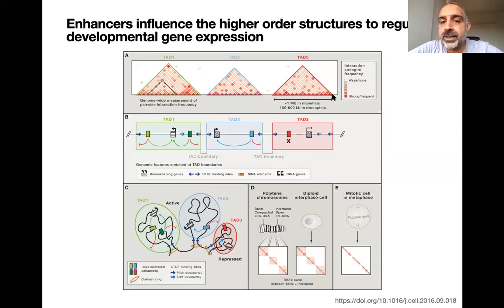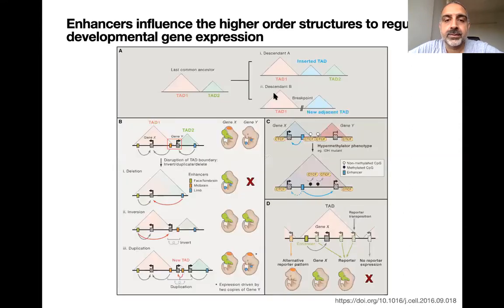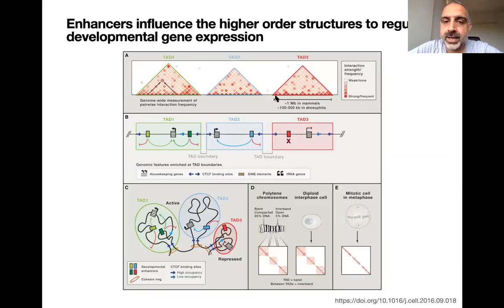And so remember that this is a line. It's all in cis, but somehow this sequence here is interacting with this sequence here every now and then. Every now and then this sequence here and this sequence here is interacting, and so on.